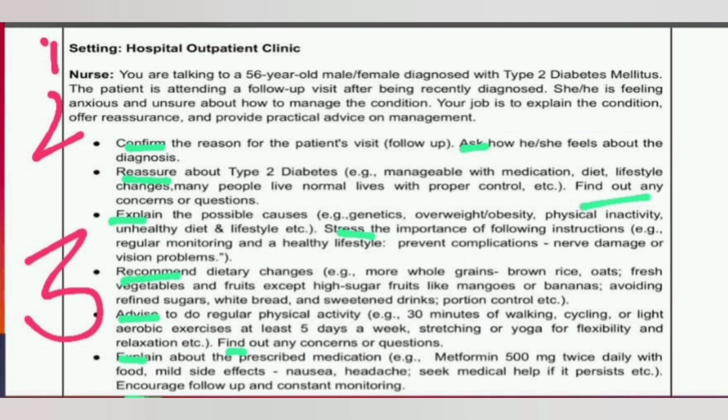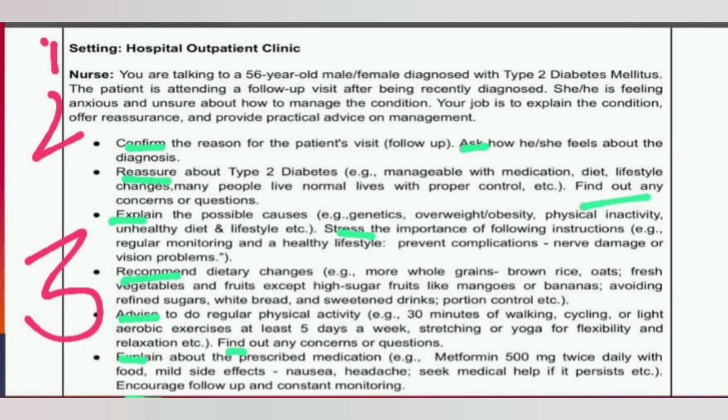Okay, next, based on the first task, that is confirm the reason for the patient's visit. That means we have to follow up. The patient has come for follow up. So we can say, Mrs. Elizabeth, I have seen your details on the system here. If I am not wrong, you are here for your follow up. Okay.